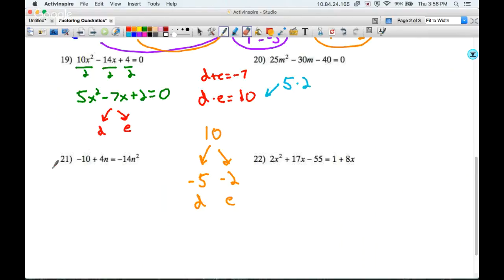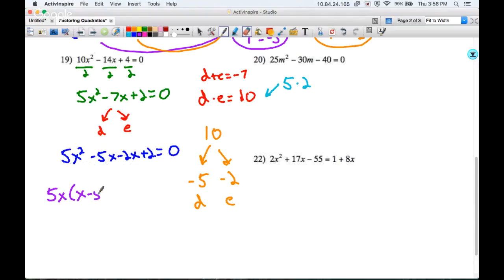So let me just keep writing here. Just going down, we'll just erase that real quick. Now that I've got the d and the e value, I know how to split -7 to make this work. So I'm going to make it 5x squared minus 5x minus 2x plus 2 equals 0. Now let's factor out the greatest common factor. This first one, we can pull out a 5x.